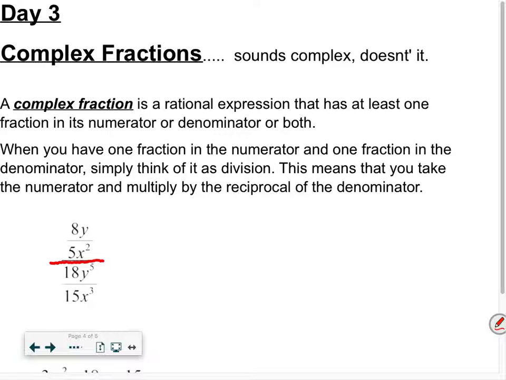So we're going to rewrite this. Copy the top, 8y over 5x squared. And then instead of writing it over like a fraction, I'm going to write divide and then our fraction down below. This means the exact same thing.